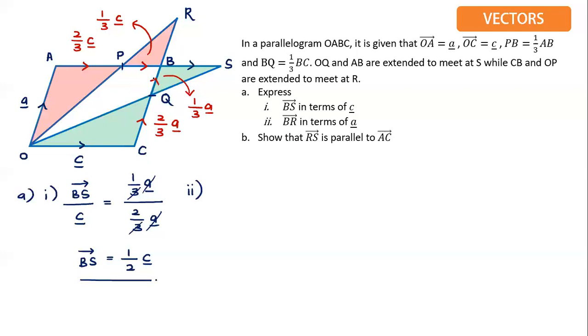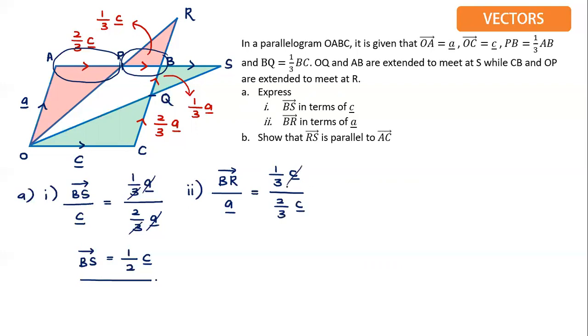Okay. So now, they asked to get the BR. Your BR here is corresponding to this side. So I put here BR over A equals to, I'm going to take this particular side corresponding to this particular side. So that means, same idea, class, it's 1 over 3C divided by 2 over 3C.